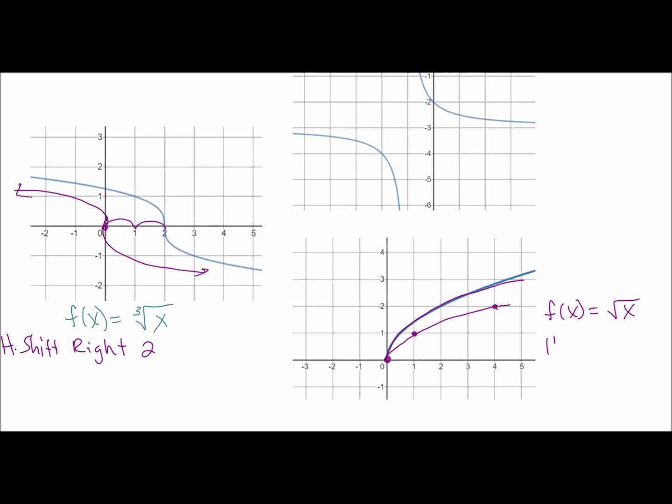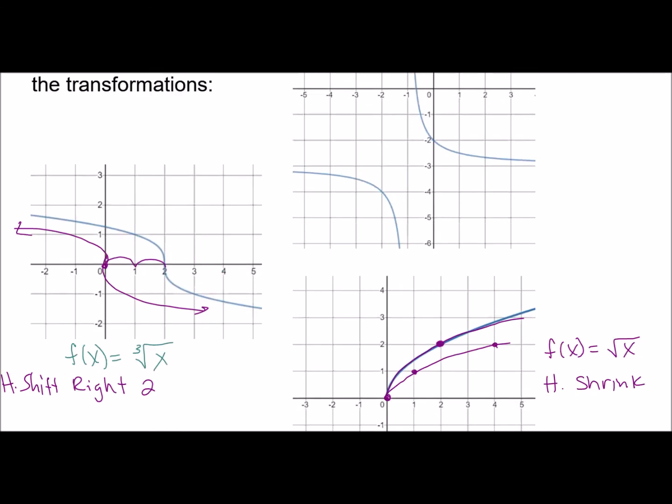I'm going to go with horizontal shrink. To tell by how much, you look at these other points. Instead of at 4, 2, now it's at 2, 2. So the x has changed and it's decreased by a half. So it's a horizontal shrink. I don't even care on this one. If you just said horizontal shrink or vertical stretch, I would have given you credit for it.